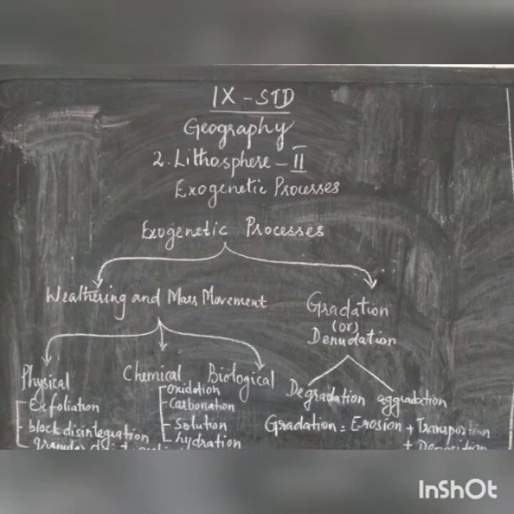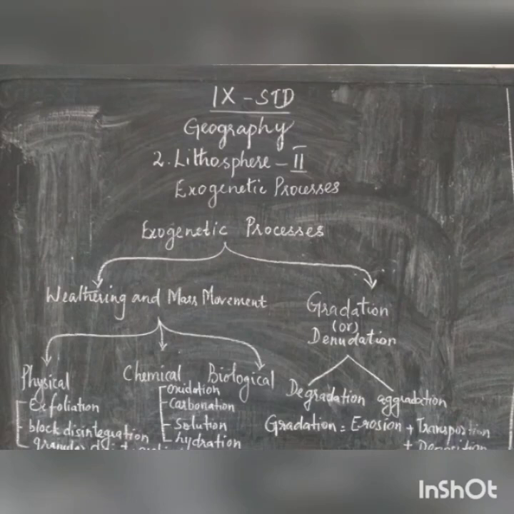Carbonation is the mixing of water with atmospheric carbon dioxide, forming carbonic acid. Number 3, solution. The dissolution of rock substances in water results in the loosening of rock particles. This in turn breaks down the rocks. Hydration: absorption of water into mineral structure. Certain chemicals in the rock enlarge in size in humid conditions.